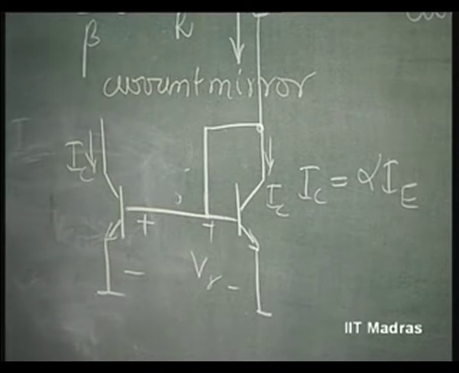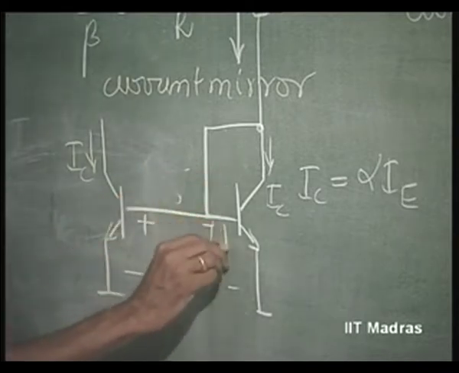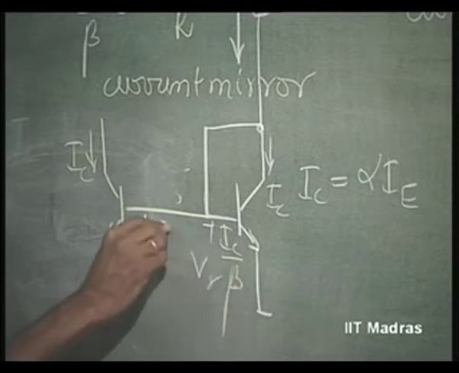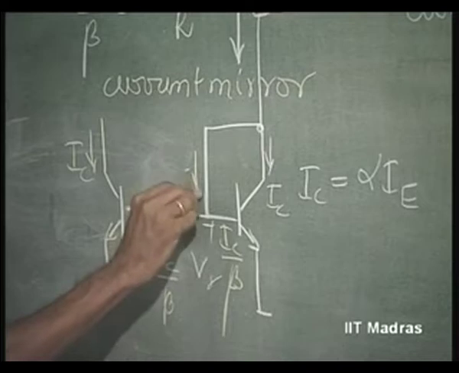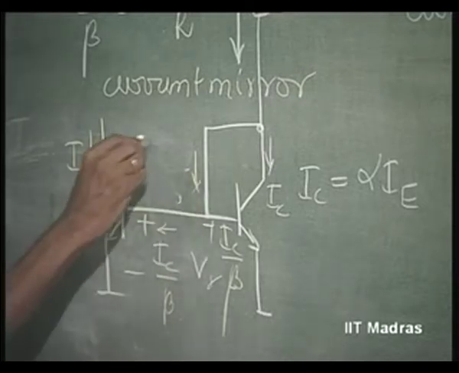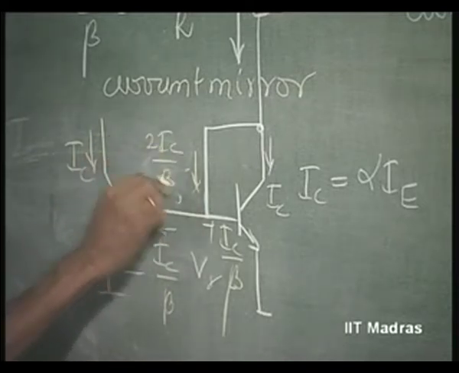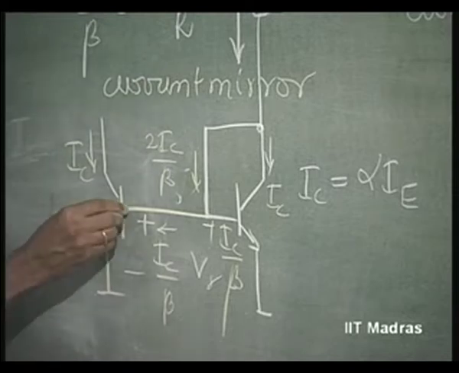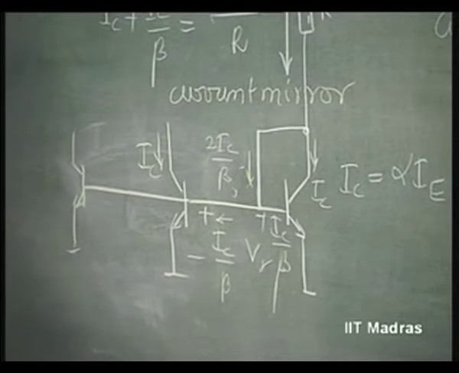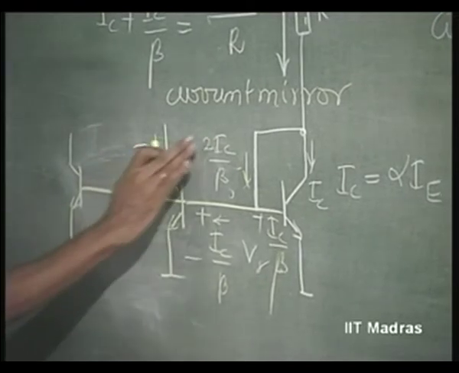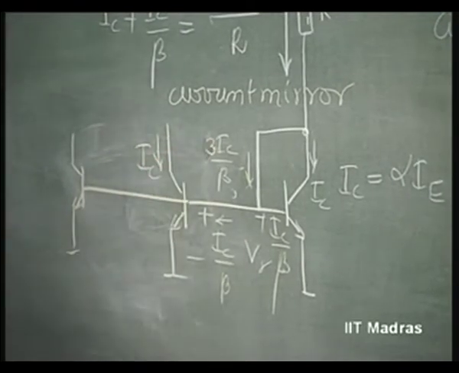Only thing is, now this is IC by beta, this is also IC by beta, and therefore this current is now twice IC by beta. If I connect another transistor, this will become thrice IC by beta.